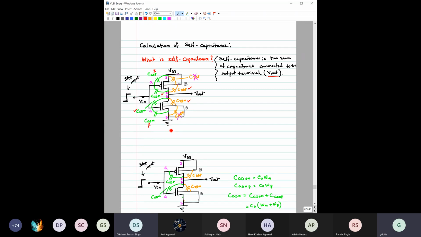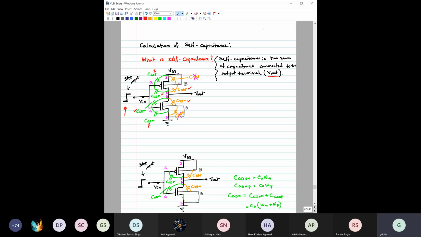So again here, these two are crossed. To make our calculation a bit simple, we are considering that the input is a step input. If you consider the step input, then one of the transistors is in cutoff.